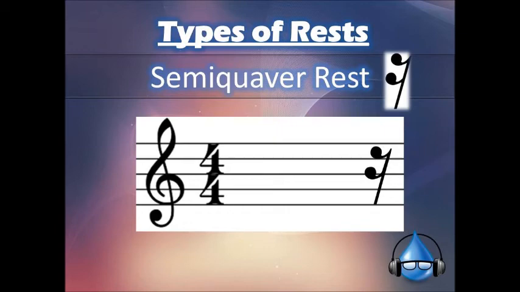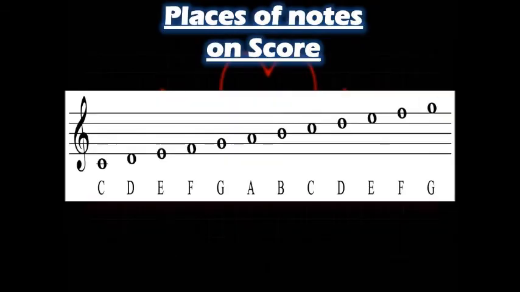Before looking at a real example, we should also know which place is reserved for which note. Let's see it starting from the lower C to the higher C on a score sheet. It is very important to learn and remember the places of the notes on the score.